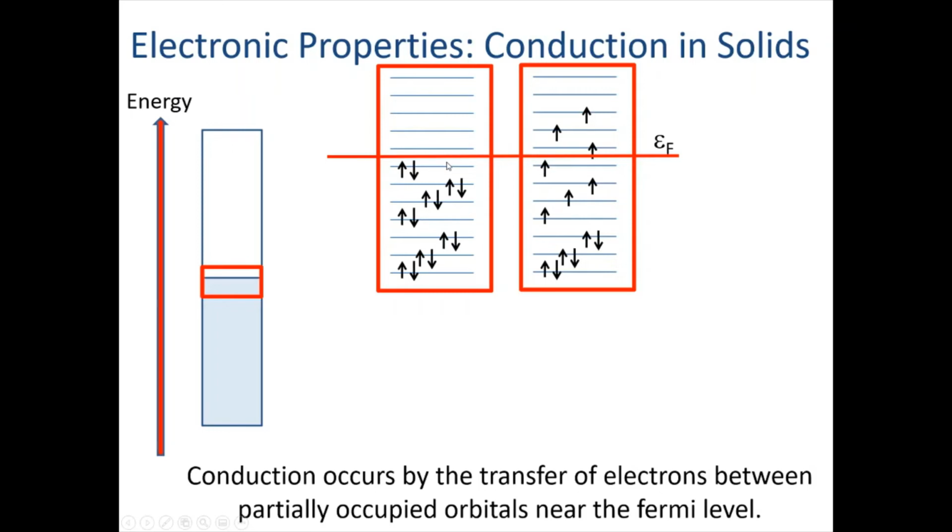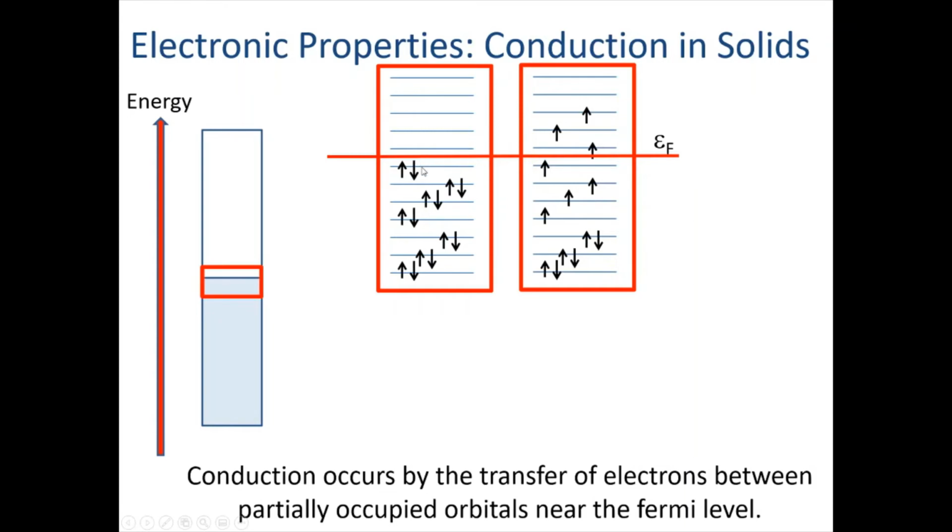But if you give this some temperature, some energy, and if these gaps are really small, on the order of the thermal energy at room temperature, then we can promote an electron, just like we can promote an electron with light energy, causing an electron to go from a low energy state to a high energy state.